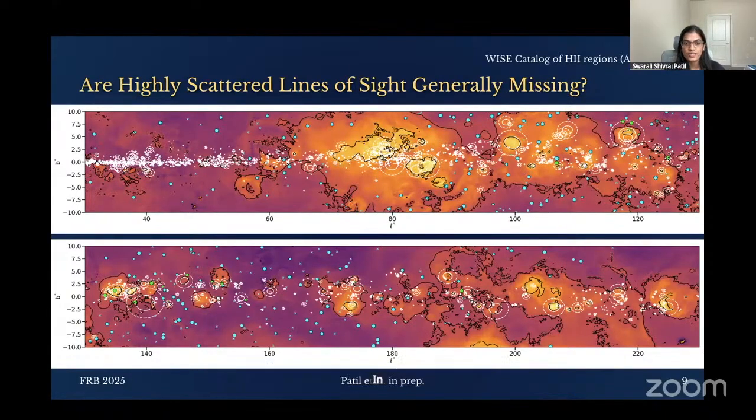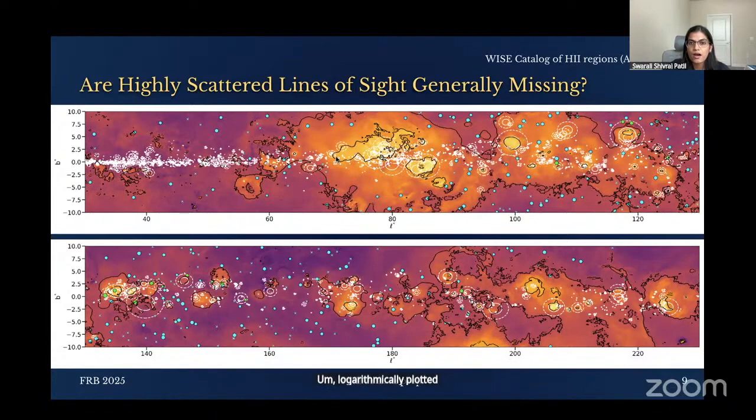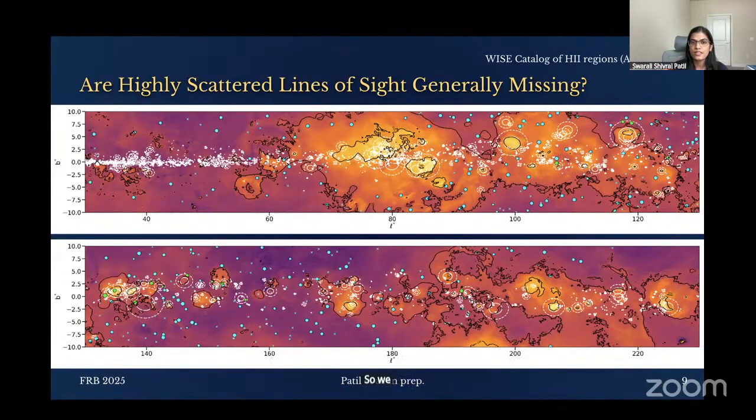What you see here is on the background, the Finkbeiner H-alpha map, and the black contours are the intensity contours logarithmically plotted. A good laboratory for ionized medium within the galaxy are H2 regions. So we check whether these FRB sight lines pass through H2 regions, and the white circles that you see are the H2 regions from the WISE catalog.